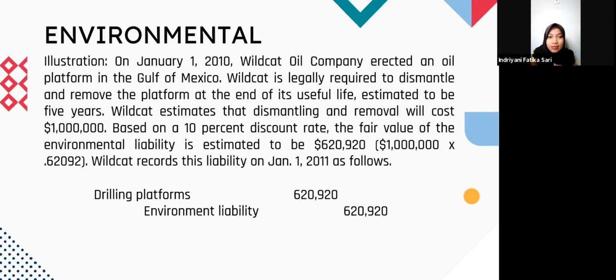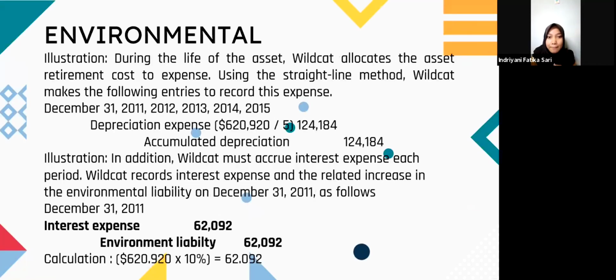Next. Illustration: during the life of the asset, Wilcap allocates the asset's determined cost to expense using the straight-line method. Wilcap makes the following entries to record this expense.